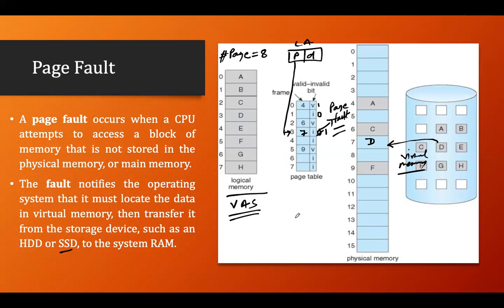The disk manager concerns the device driver, because we are looking for the hard disk drive where we have the virtual memory of that particular process. The device driver contacts the device controller, which is the hardware for accessing this disk. Then the disk controller gets that page into the main memory, and the page table is updated.